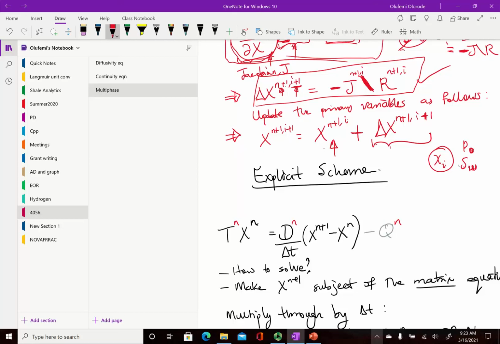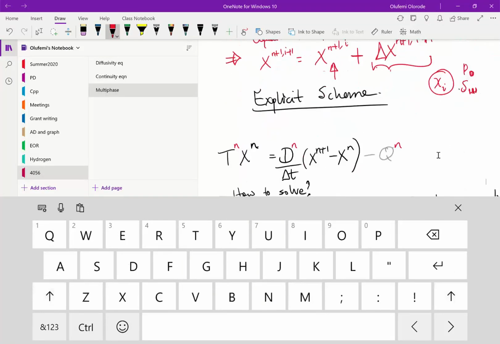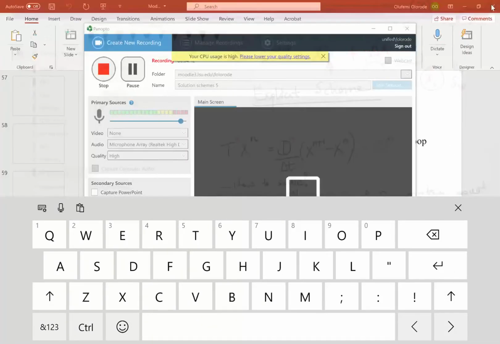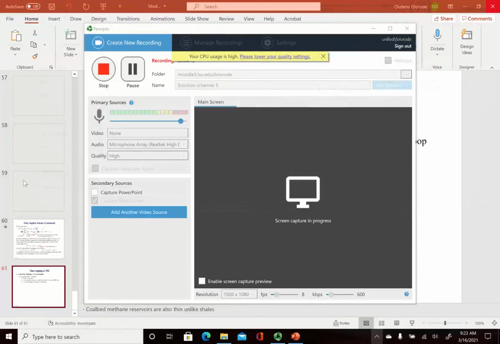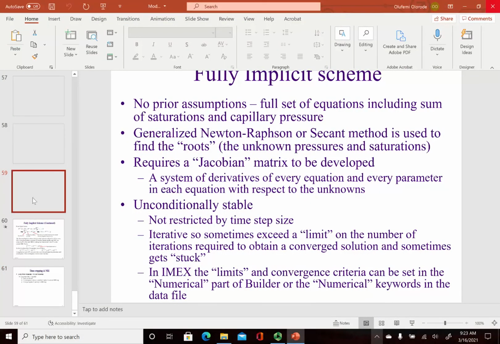And I summarize that in the slides I added at the back end of your slides. Which is here. So we can actually discuss what's in here.